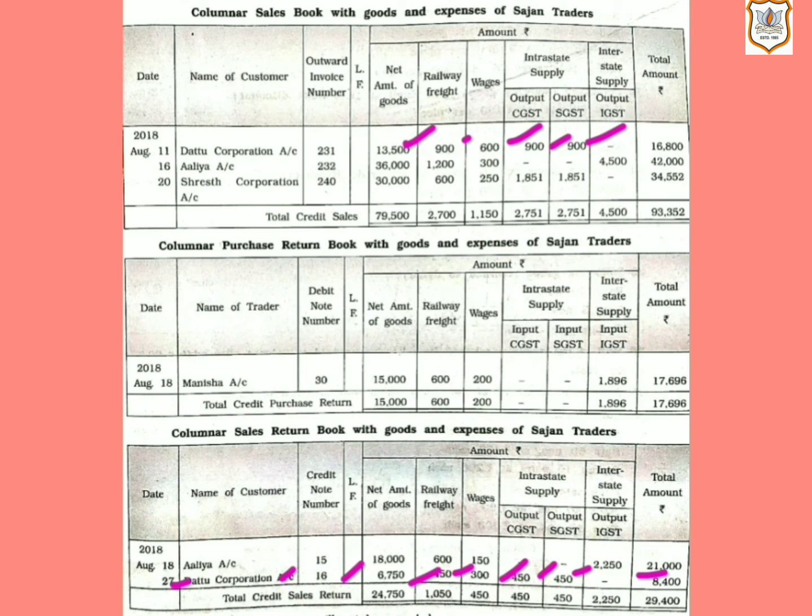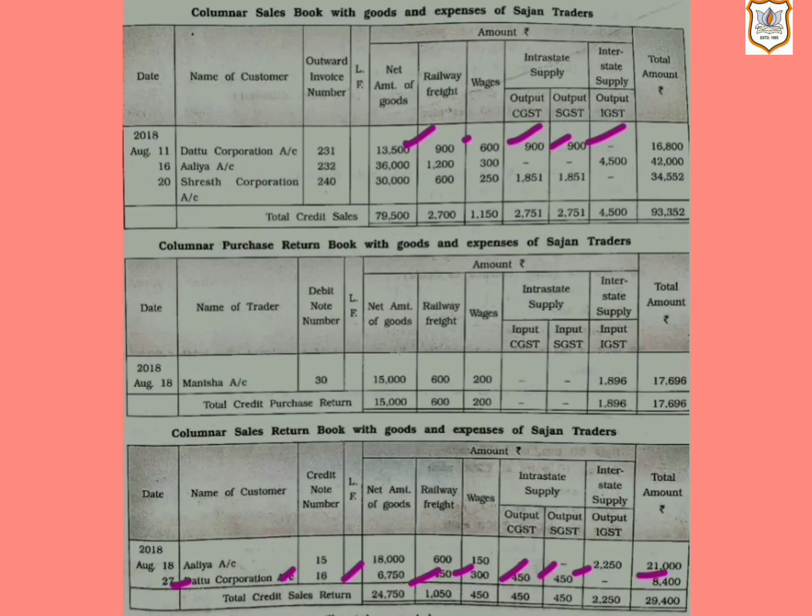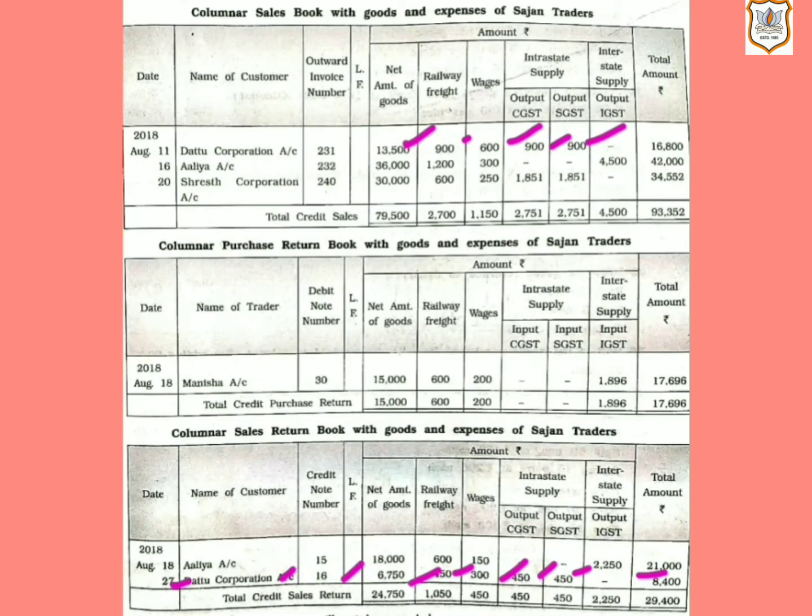Now we are done with all the recordings of the transactions. Now it's time to total the amount of each and every book. So now we will total the amount of each and every column. So let's total the amount of sales book. Here, total amount of first column, that is net amount of goods.